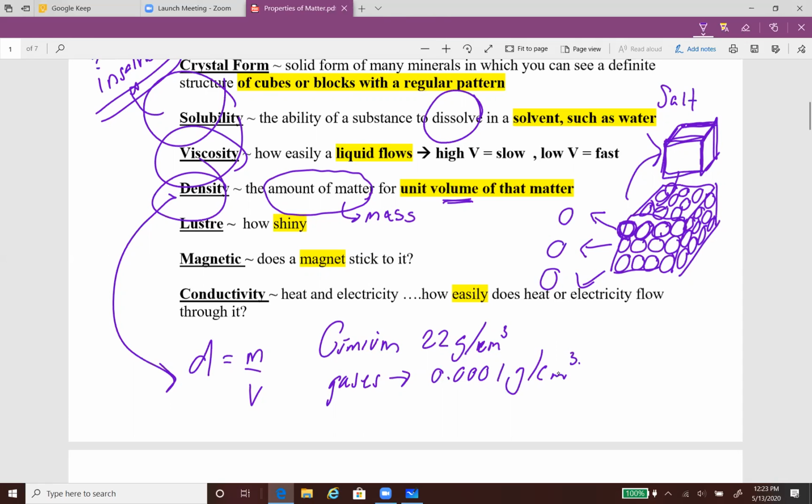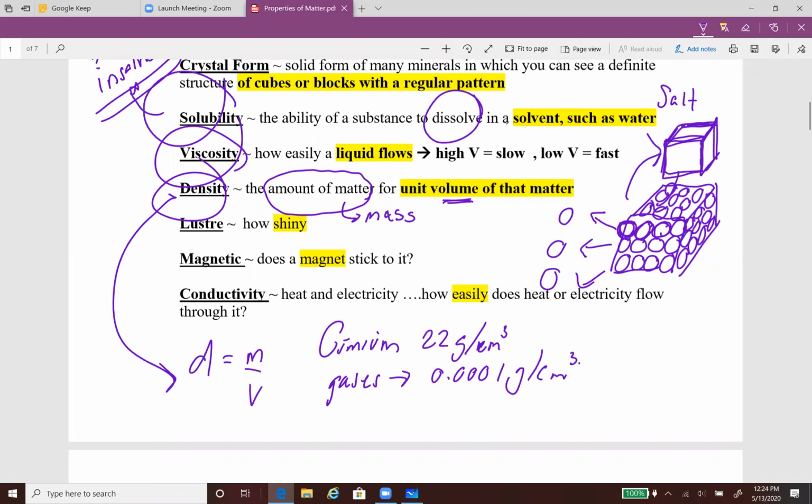Now, what that means, it's not the same as mass. Don't confuse the two terms. For instance, 1,000 grams of a gas is the same mass as 1,000 grams of osmium. It's like, what's heavier, 1,000 kilograms of feathers or 1,000 kilograms of steel? They're both 1,000 kilograms.